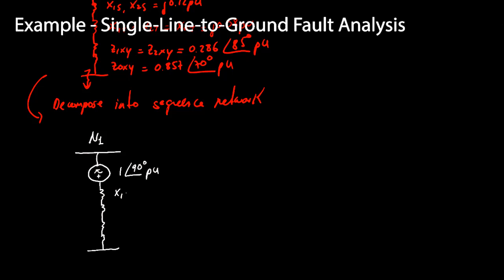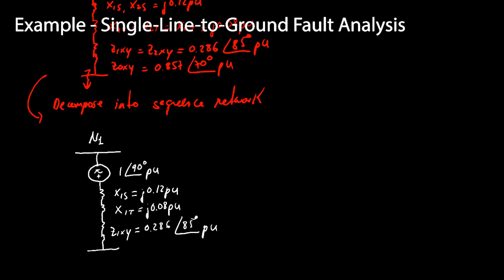So this is the system, and that's actually a reactance. So that's j0.12 per unit. Then we have the transformer X1T that is equal to j0.08 per unit. And then lastly we have the feeder, so Z1XY, that's equal to 0.286 per unit at an angle of 85 degrees per unit.